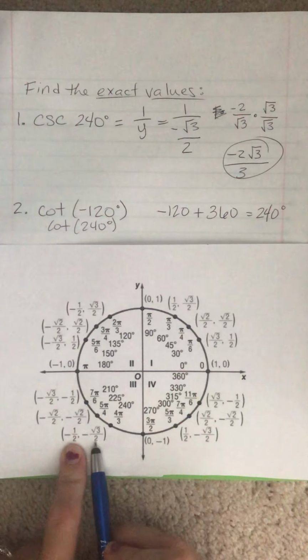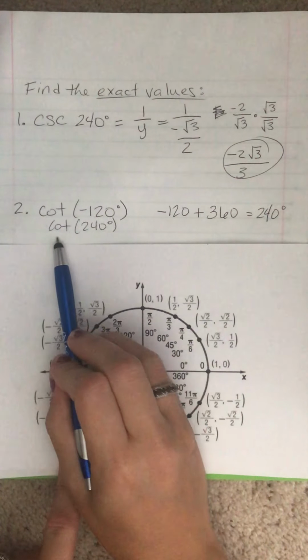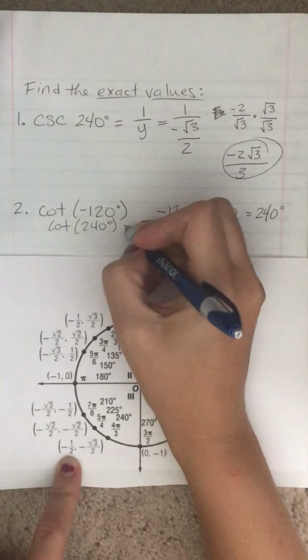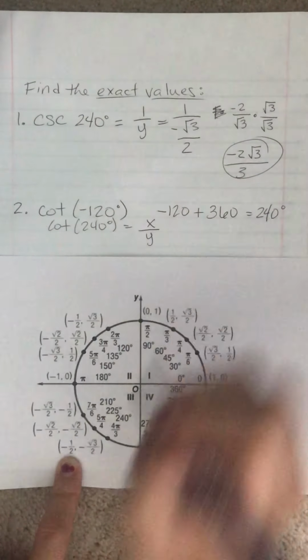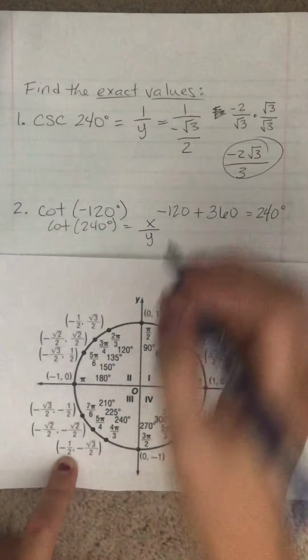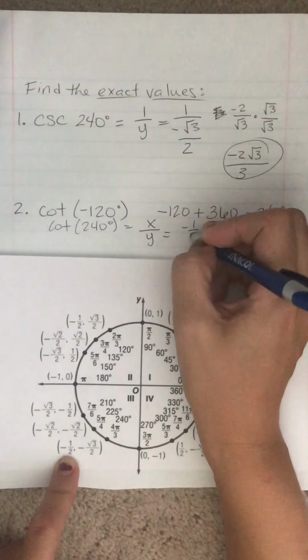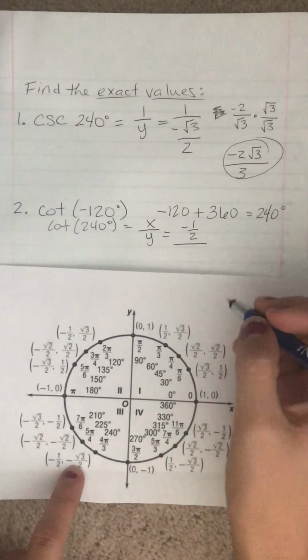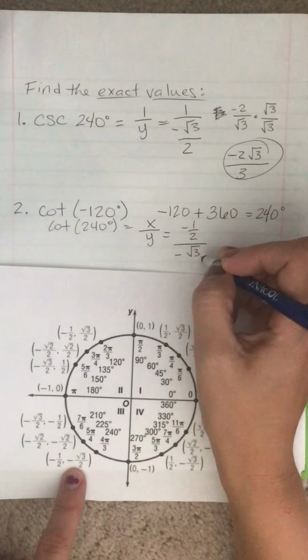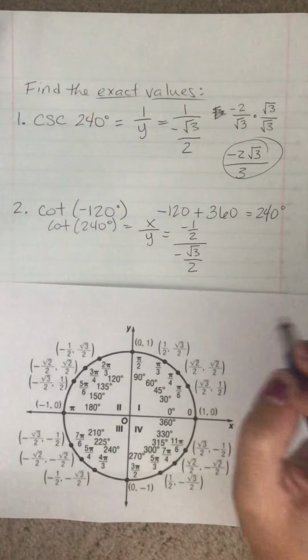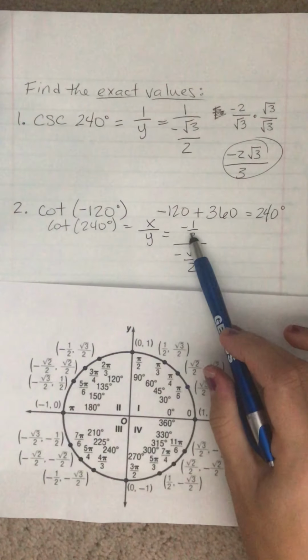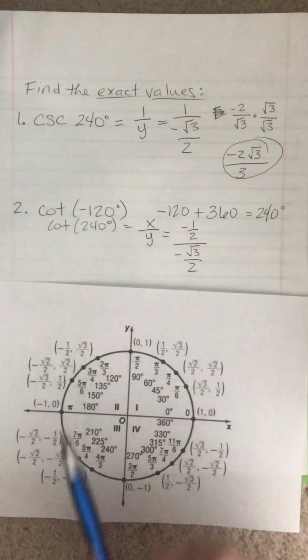So again here, cotangent has the ratio of x over y. So we have x, which is negative 1/2, over y, which is negative square root of 3 over 2. And again, keep it, change it, flip it.